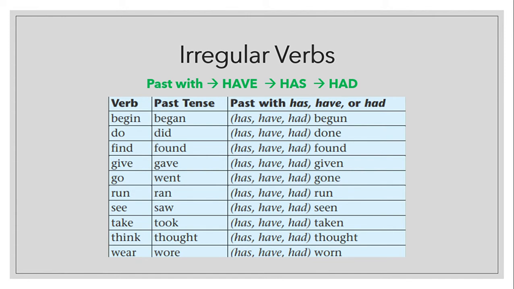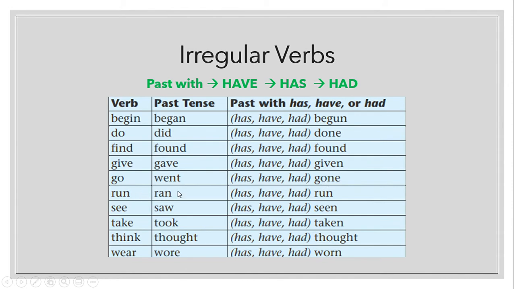Okay? Again, we have the verb, past tense. I don't want to use other terms like past participle, present perfect, past perfect because you'll get lost. Let's just make it simple. We have the verb, past tense, and the past with has, have, or had. Go, went, gone.